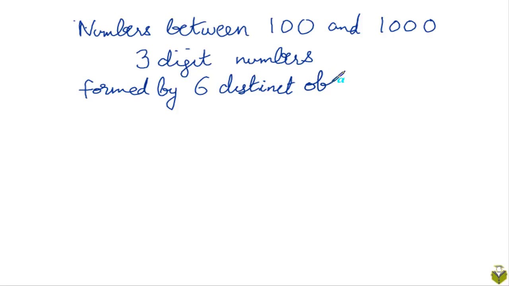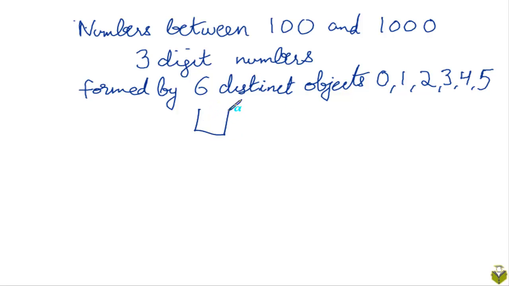I'm just using the word distinct so that you get the idea that we are trying to use permutation notation, right? That is for distinct objects. So here we have distinct objects. All these 6 digits are different. And we have to form 3-digit numbers.